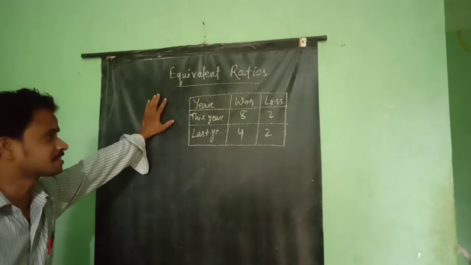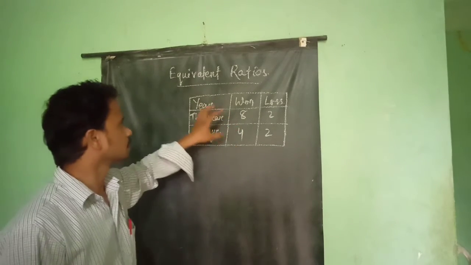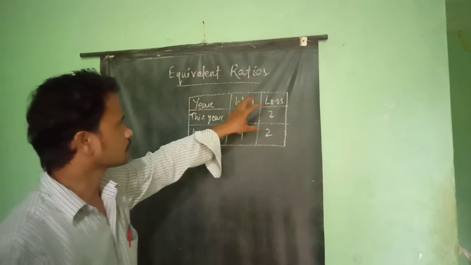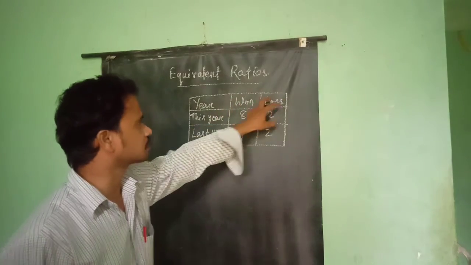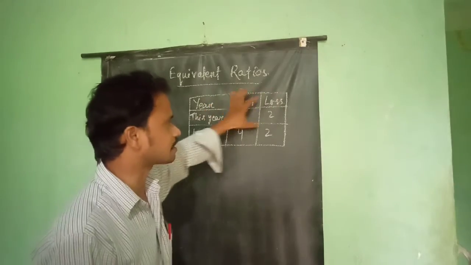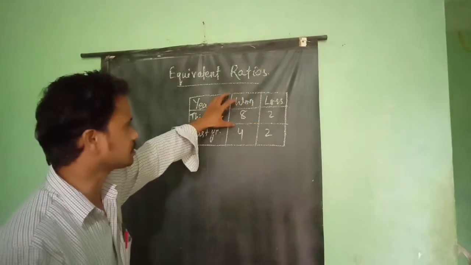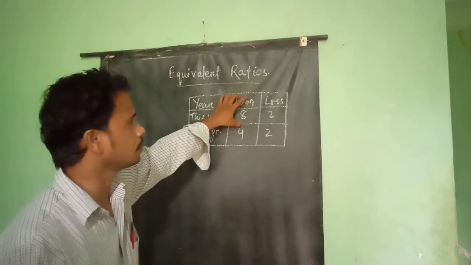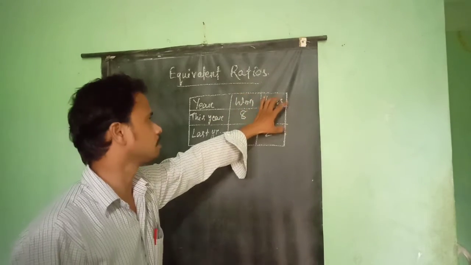So we can easily say that this year the team has only 2 losses and 8 wins. So there are 10 matches. Among 10 matches, 8 matches are won and 2 matches are lost.